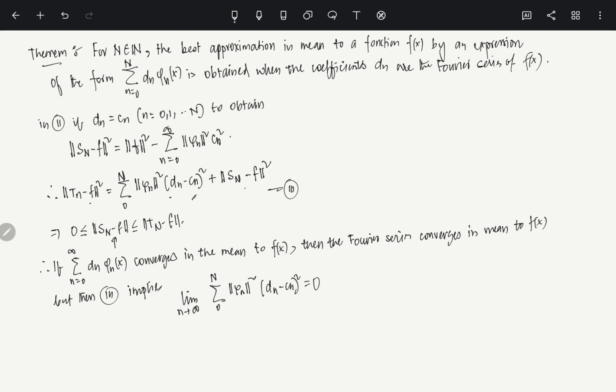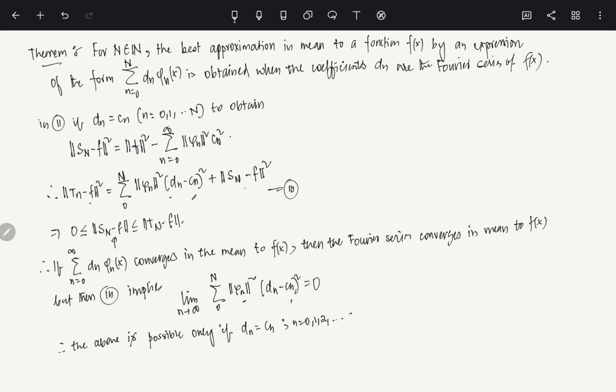And when is this possible? This is a positive term, I'm taking a finite sum and then taking the limit, and that is 0. It only happens if dn equals cn. Therefore the above is possible only if dn equals cn, for n equals 0, 1, 2, and it goes on like this.